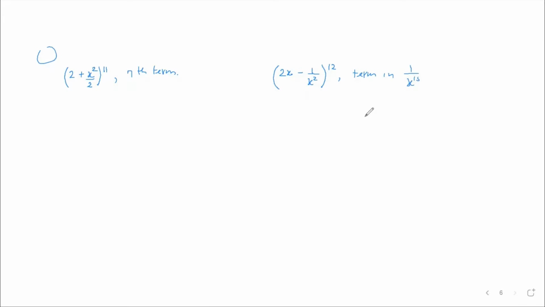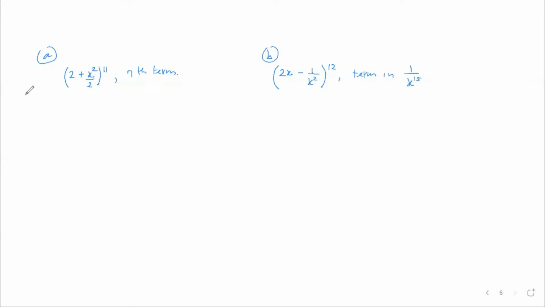This question lets you expand and find the indicated term. That means from this expression find the seventh term, this is question A, and this is question B. Find the term of 1 over x power 15, what is the answer for this one.